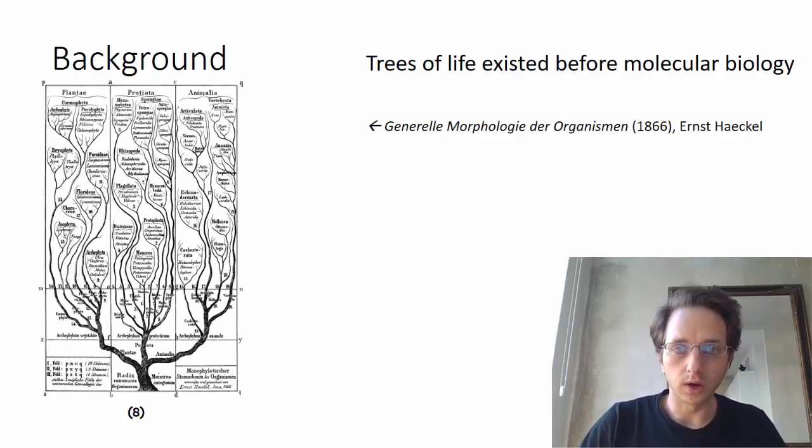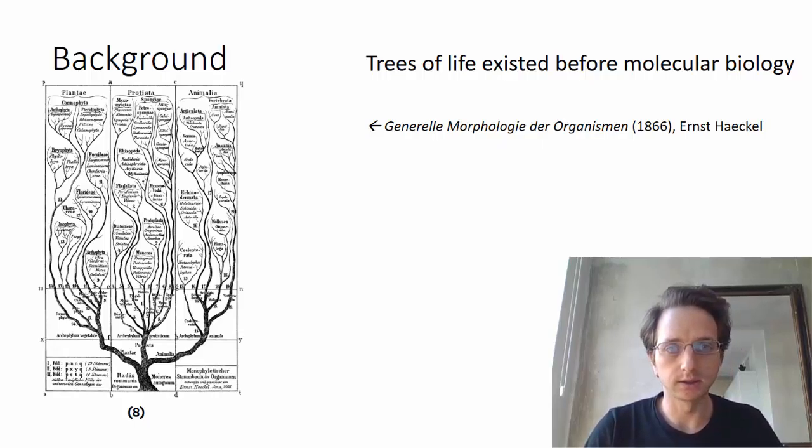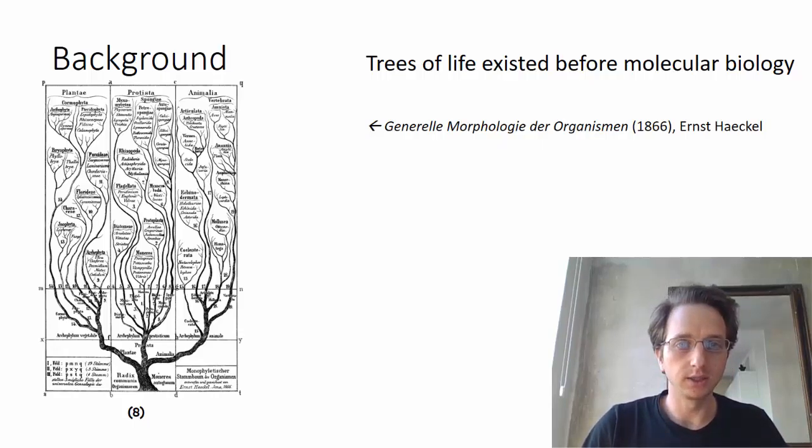Even though I'm going over this in the context of bioinformatics, phylogenies, and more generally the idea of a tree of life, is not a new concept. Here there is an image called the Generelle Morphologie der Organismen, a general morphology of organisms, that was published in a book in 1866 by Ernst Haeckel.